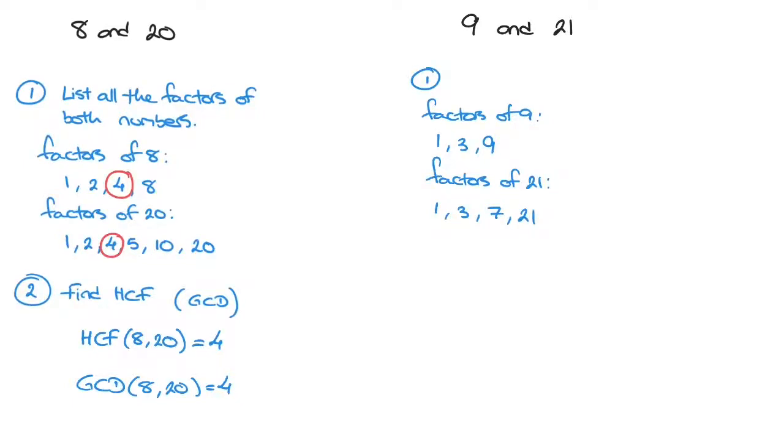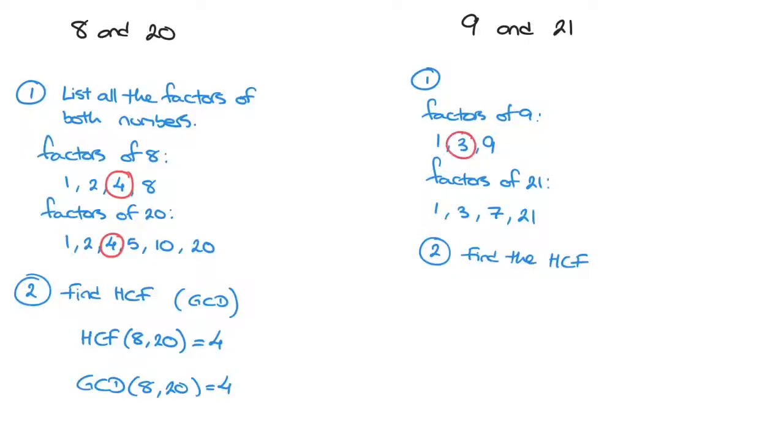We move on to step 2, in which we find the highest common factor, the HCF. And again, all we need to do to find the HCF is to look at these two lists of numbers and to look for the largest number they both have in common. Well, looking at this pair of lists, we quickly see that the greatest number they both have in common is 3.